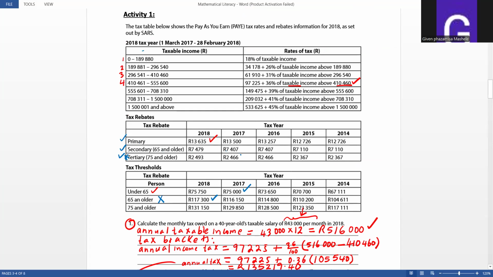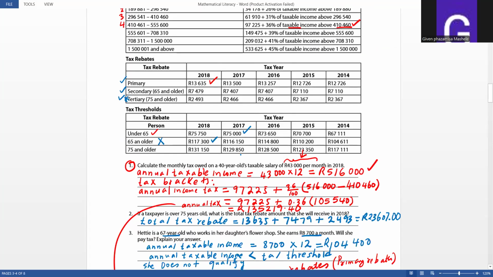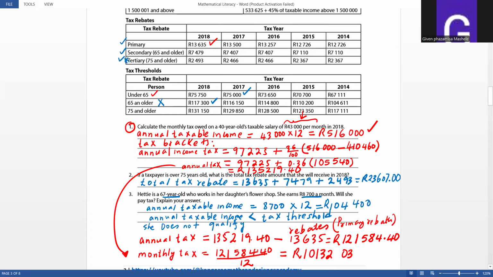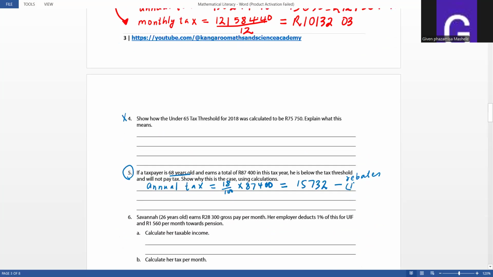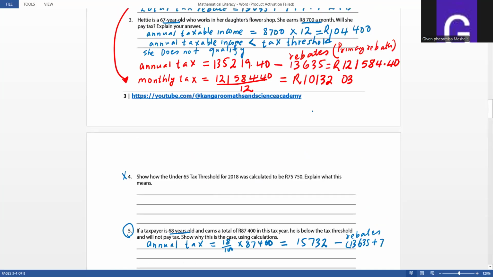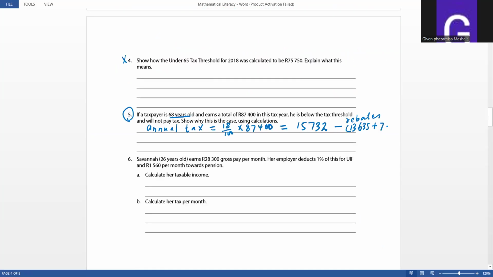The primary there is 13,635, so we have to subtract that, plus the secondary, 7,479. These are the rebates.